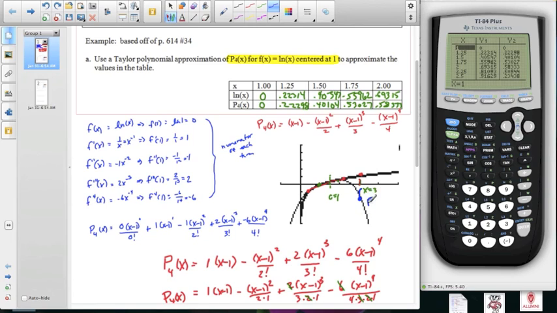So that would be your P4 for the value of 3, where this would be your natural log of 3. So that gap widens as we see that fourth degree polynomial start to deviate from the natural log curve.